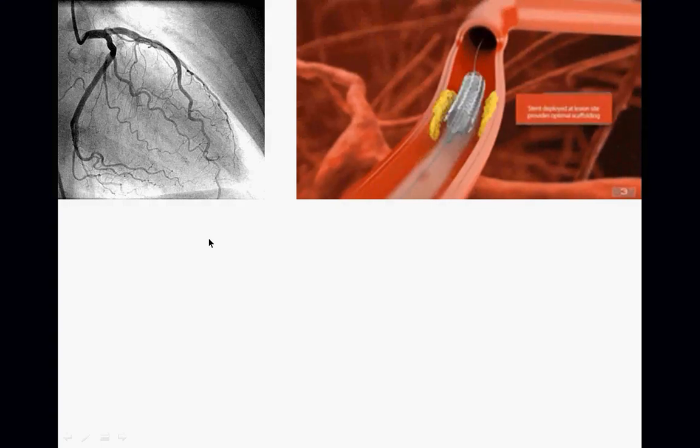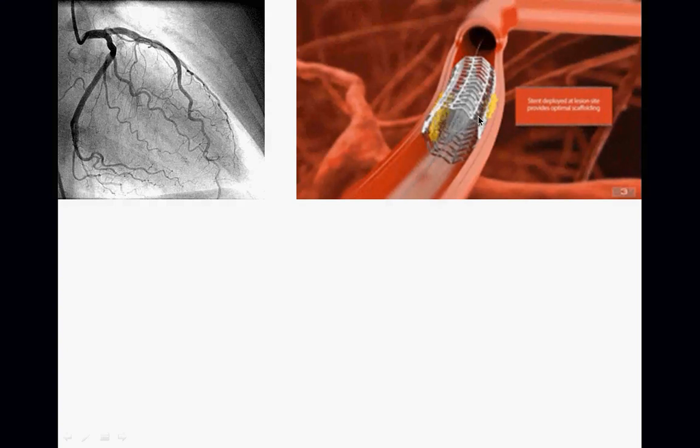This pushes the plaque flat on the surface of the wall, and then a stent is placed. This stent is usually made of medical grade steel, or nowadays a chromium and cobalt alloy, and the stent stays in there forever to maintain the dilation. So this is coronary angioplasty.